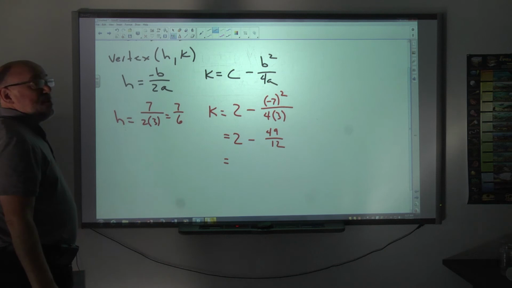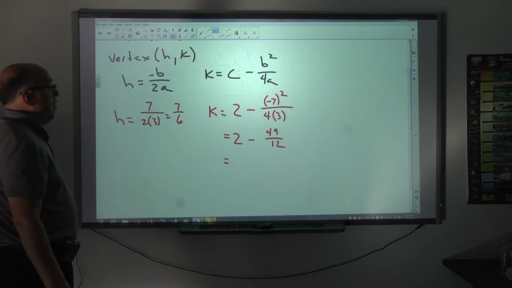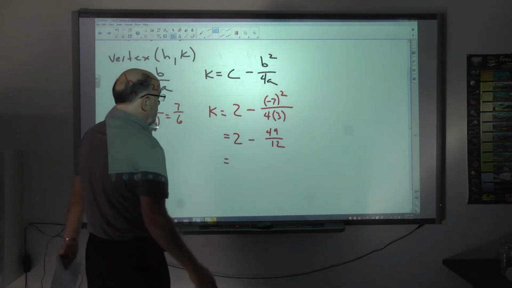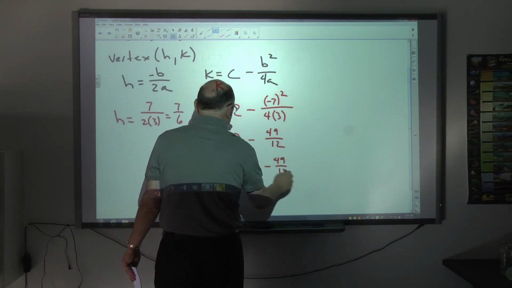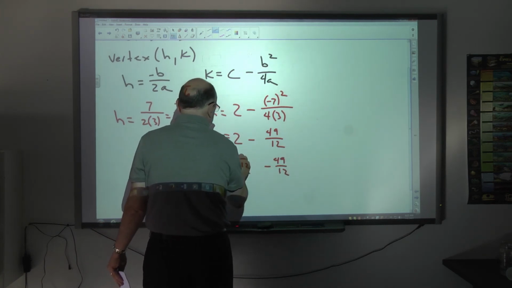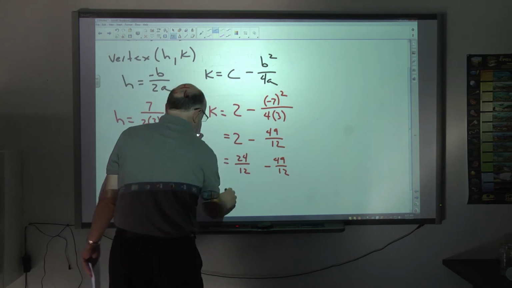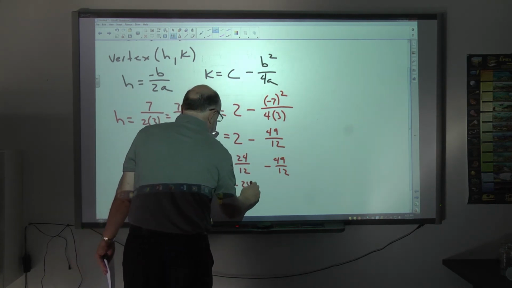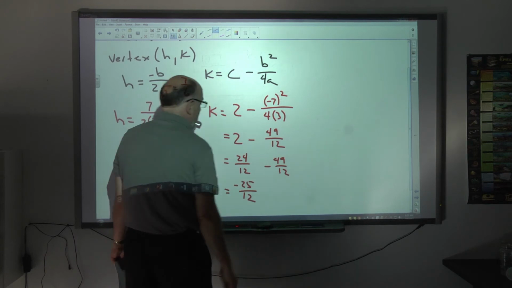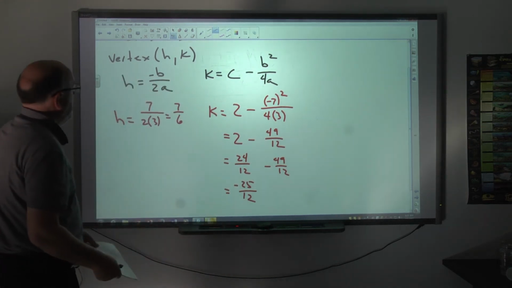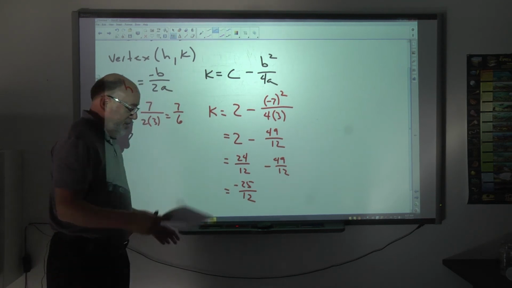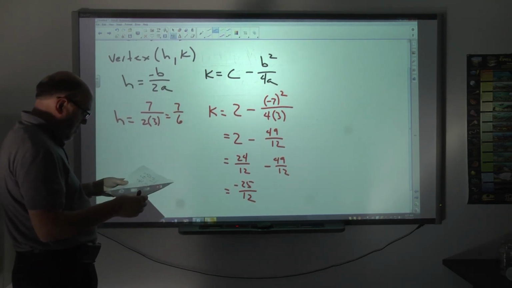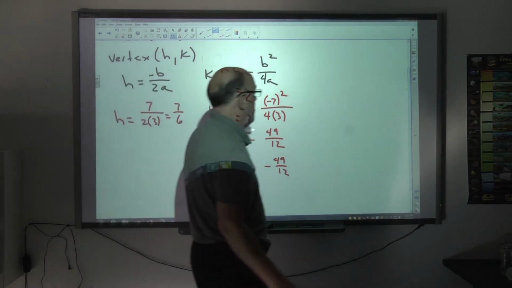To subtract fractions we need a common denominator, which will be 12. We rewrite this as 24 over 12 minus 49 over 12, and we get negative 25 over 12. So my vertex point is 7 over 6, negative 25 over 12.